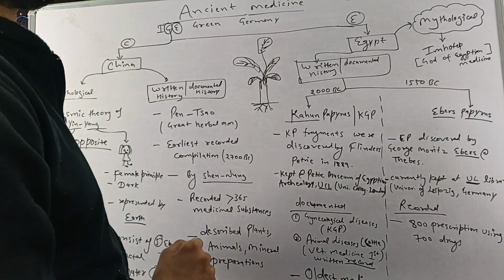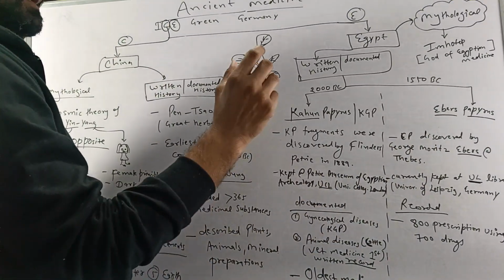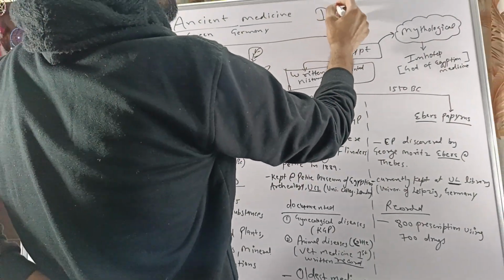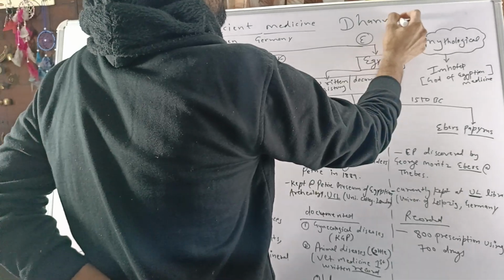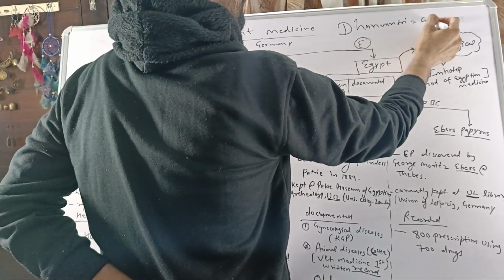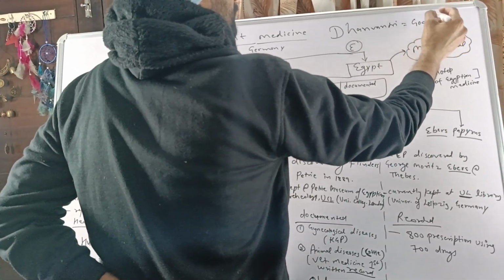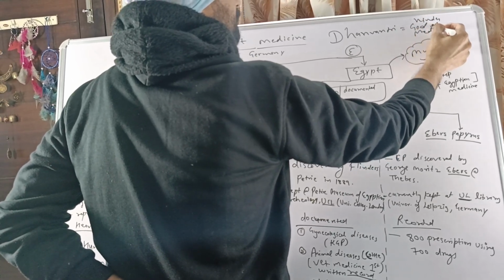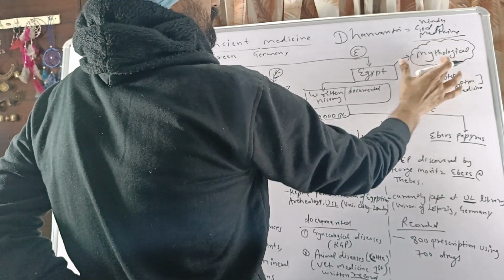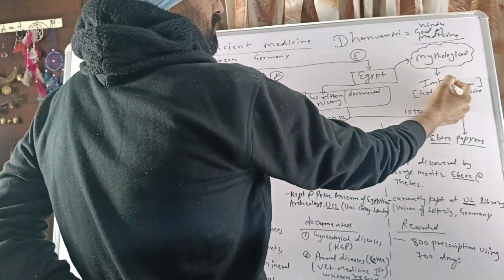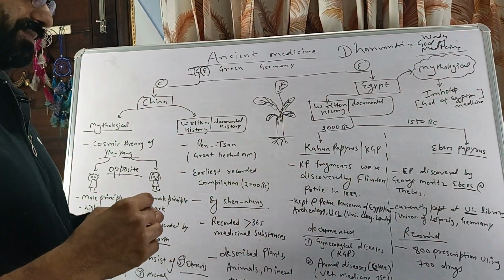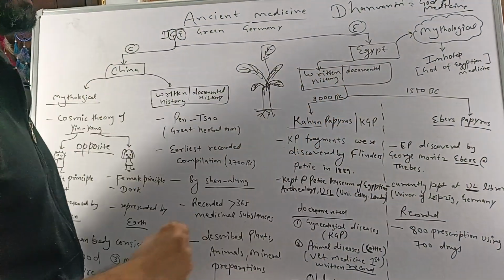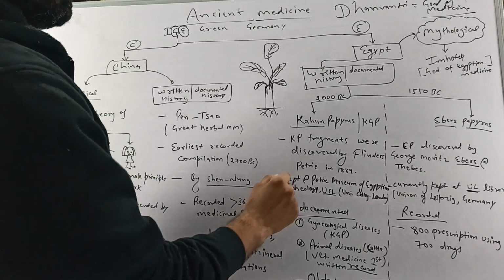Like in Indian medicine, we have discussed Dhanvantari was the Hindu god of medicine. Similarly, in Egyptian mythology, Imhotep is the god of Egyptian medicine. But the most important part is the written history, which is documented.